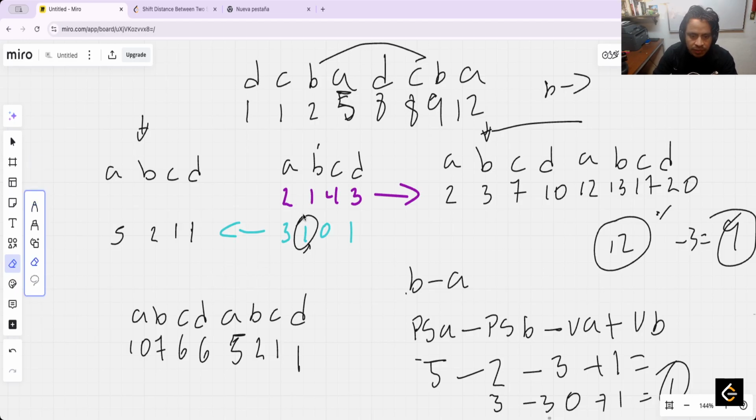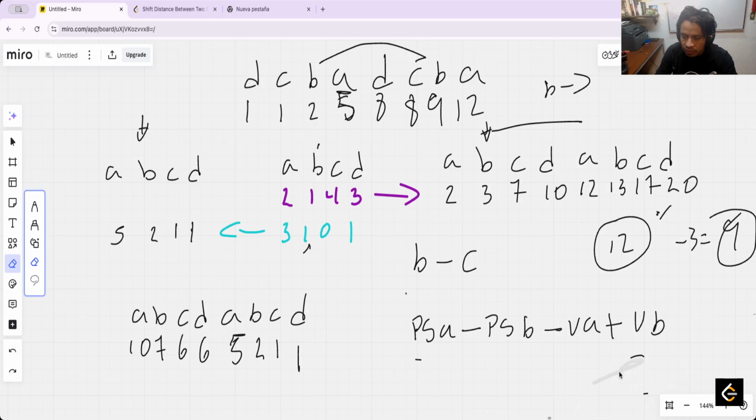But what happens when I want to move between B and C? Okay, now is B to C. Now using this table, B to C is starting here, and C, what is C?